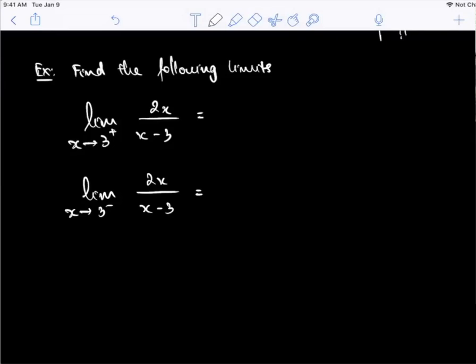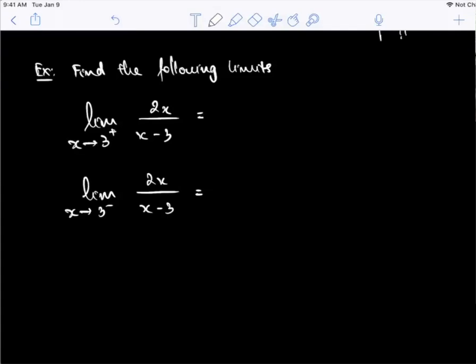Remember, we consider the limit as x approaches 3 from the right. X approaches 3 from the right is anything on the right of 3, anything that is greater than 3, like 3.01, 3.001, 3.0001. The closer to 3, the better.